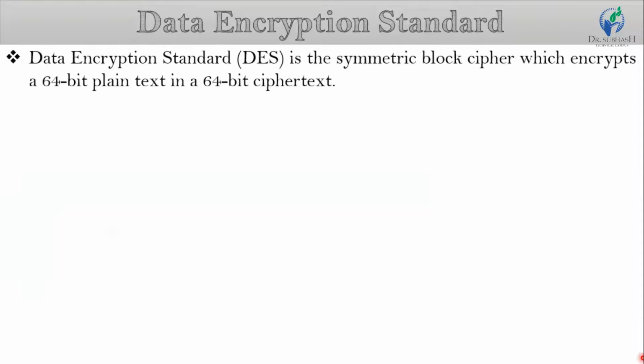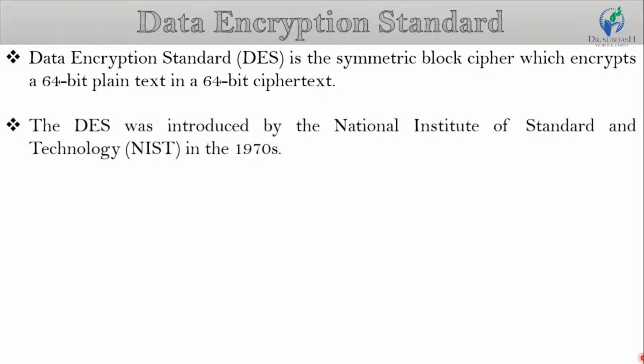Data Encryption Standard, DES, is a symmetric block cipher which encrypts a 64-bit plain text into 64-bit ciphertext. DES was introduced by the National Institute of Standards and Technology in the 1970s.